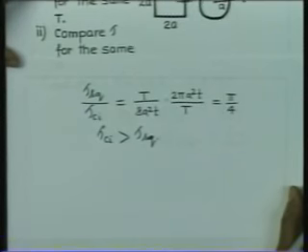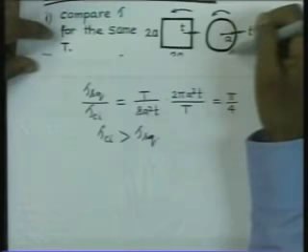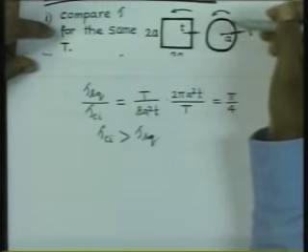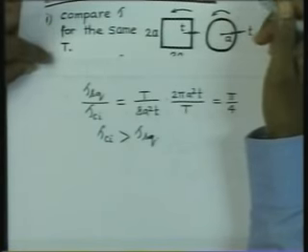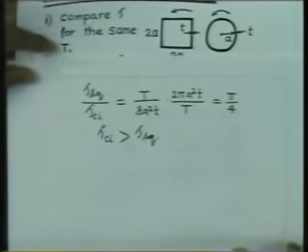The reason is that the length of the boundary in the case of the square is 8A, whereas in the case of the circle it is twice pi A, which is less. Therefore, the stresses are going to be more in the case of the circle.